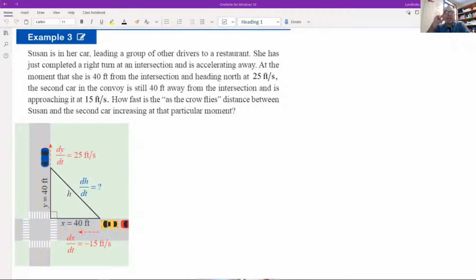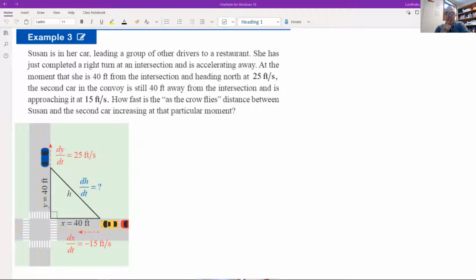Some of the major things that we need to sift through is what information have we been given? What are we being asked to find? How could we put all of this into some helpful diagram, which is thankfully kind of already done for us in this problem. We're at an intersection. That means that Susan has made a right turn at a 90-degree angle, and we're looking at a right triangle.